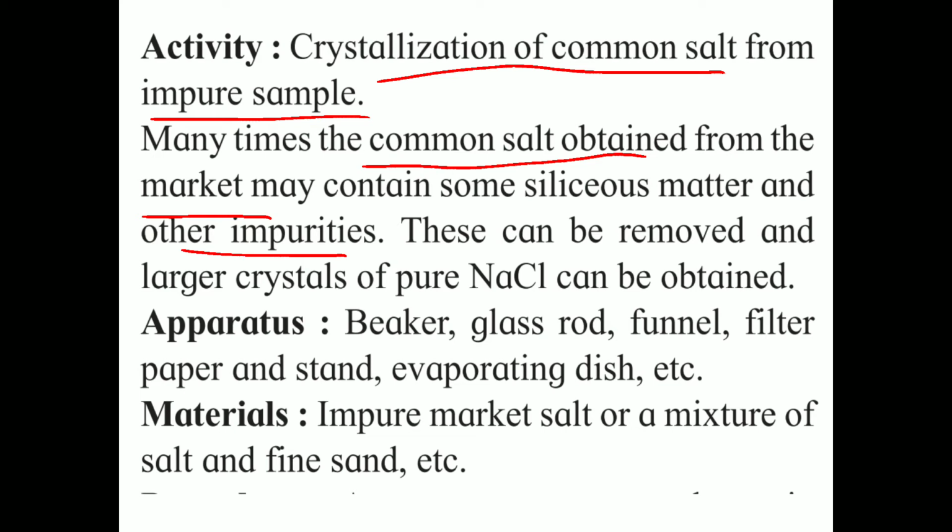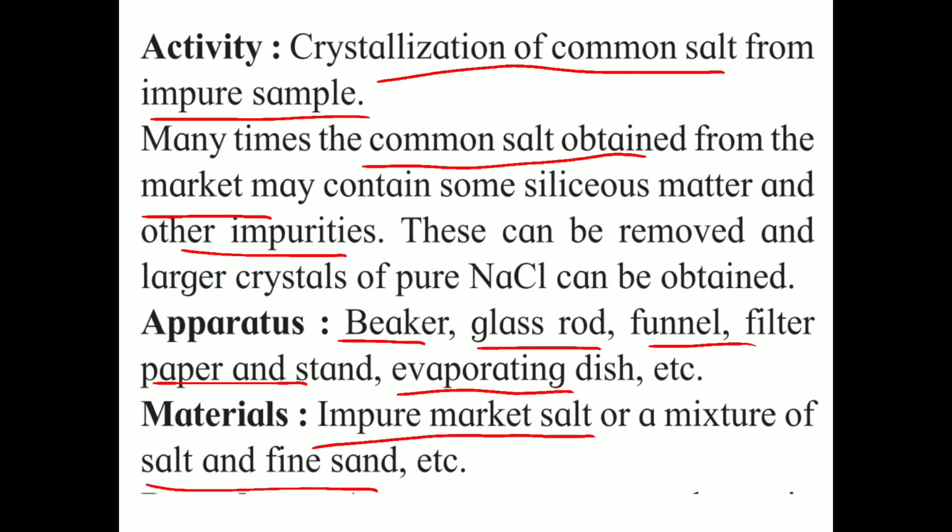For this we require the apparatus: beaker, glass rod, funnel, filter paper, stand and evaporating dish. The materials used are impure market salt, or a mixture of salt and fine sand. Now see how we can get common salt crystals from the impure form.